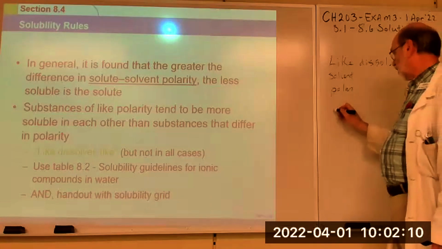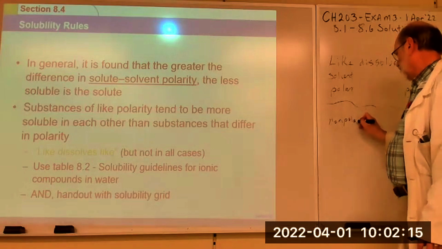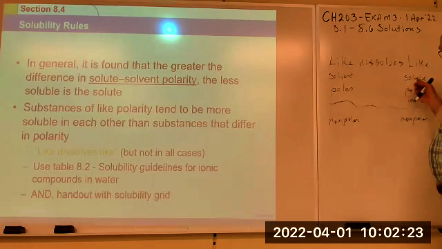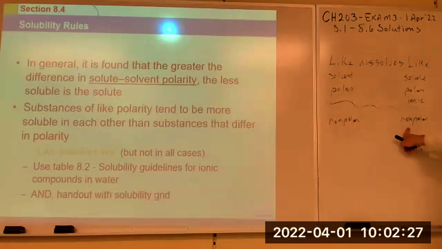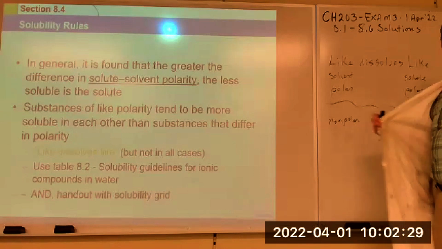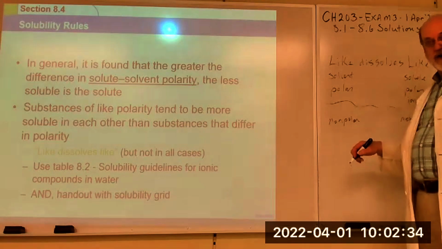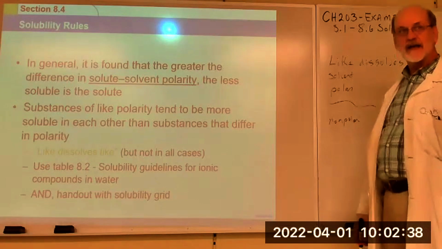If this is nonpolar and this one is nonpolar, you're more likely to form a solution. But if this one's polar and that one's nonpolar, or this one's polar and that one's nonpolar, you're less likely to form a solution. Or if you do form a solution, there'll be very much reduced solubility. That's what like dissolves like means.